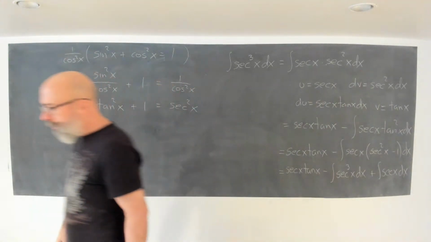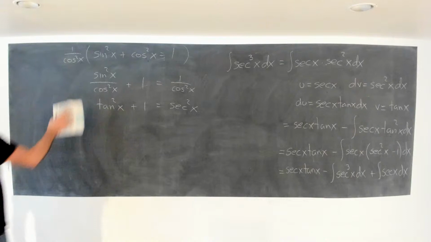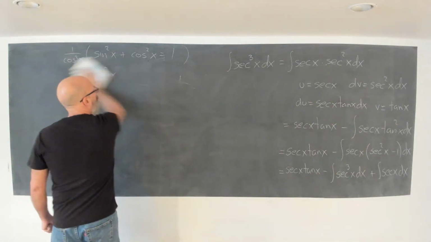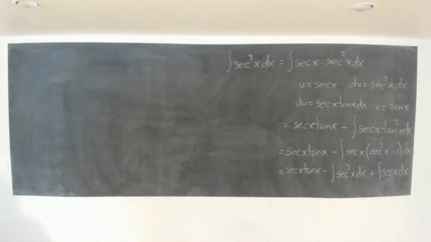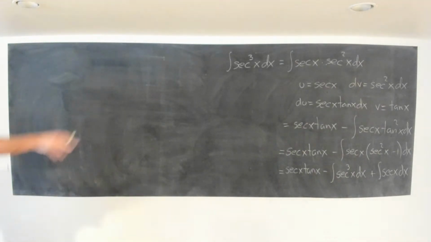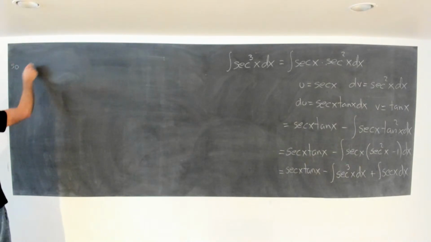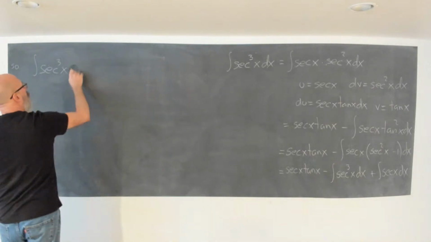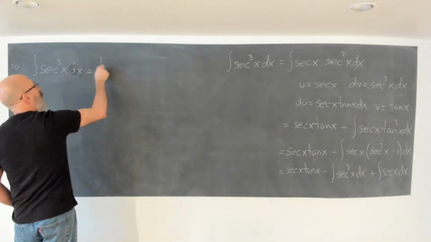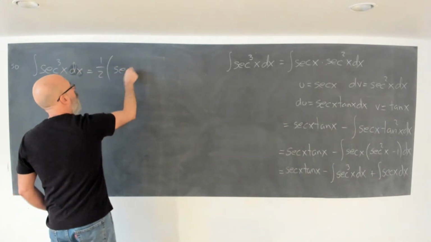So bring it over to the other side. You know the trick we did before. If you bring it over to the other side, you get two of them. So the integral of secant cubed is 1/2 of this stuff.